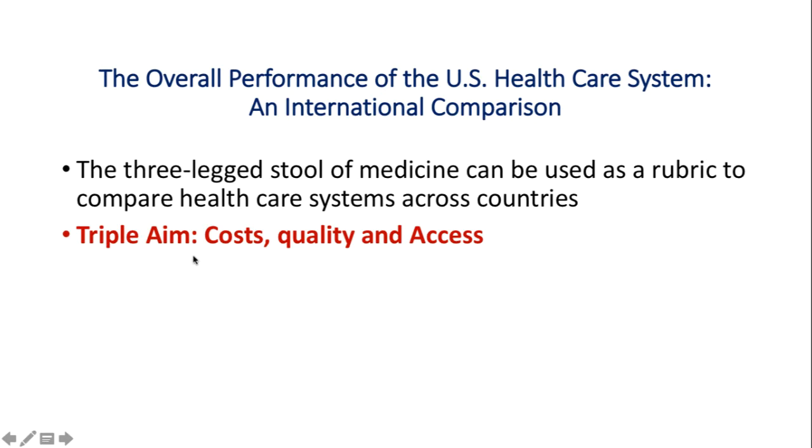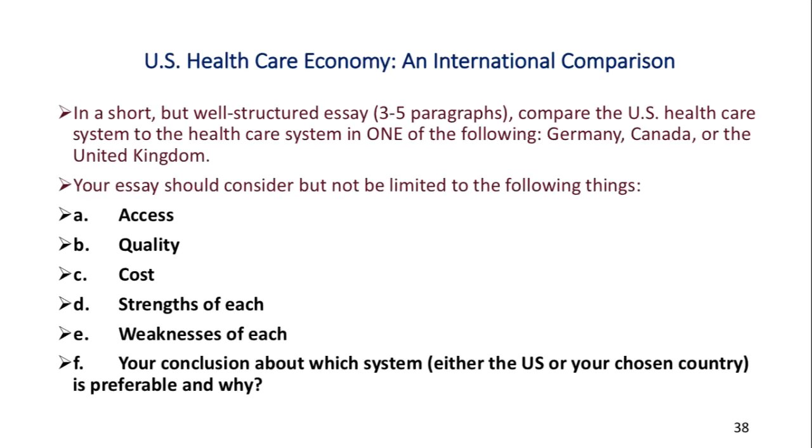So we use the triple aim, cost, quality, and access, to make international comparisons among the developed countries with the United States. A good question here would be: in a short but well-structured essay, compare the United States healthcare system to the healthcare system in one of the following countries: Germany, Canada, or United Kingdom.